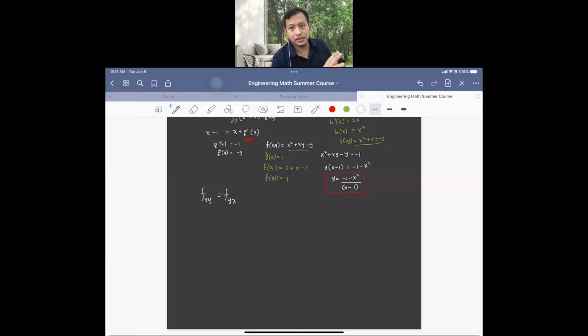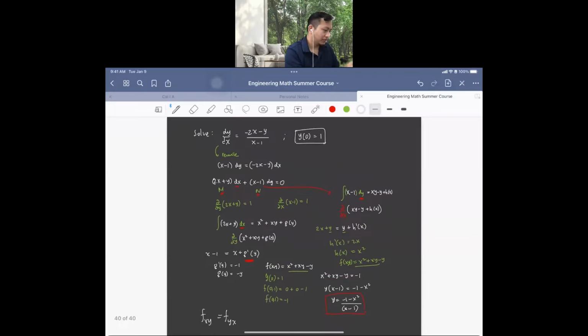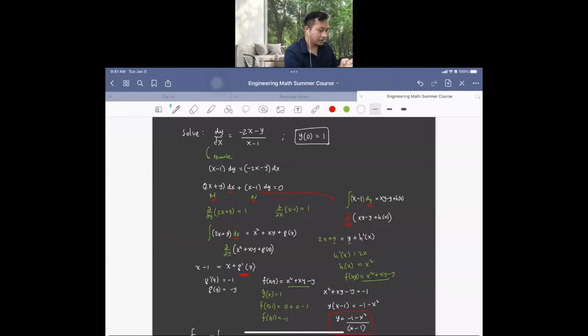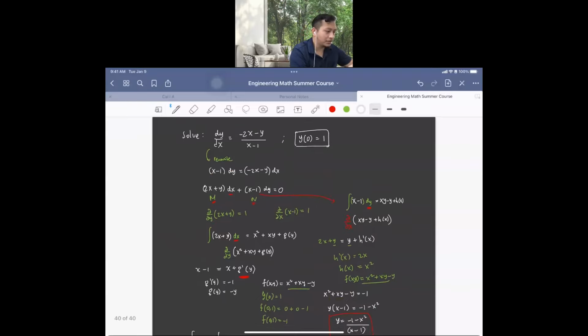So to complete my lecture, the exact equations, if you remember that we have, for example, what we are going to do is find out how we make sure that our equation is exact.